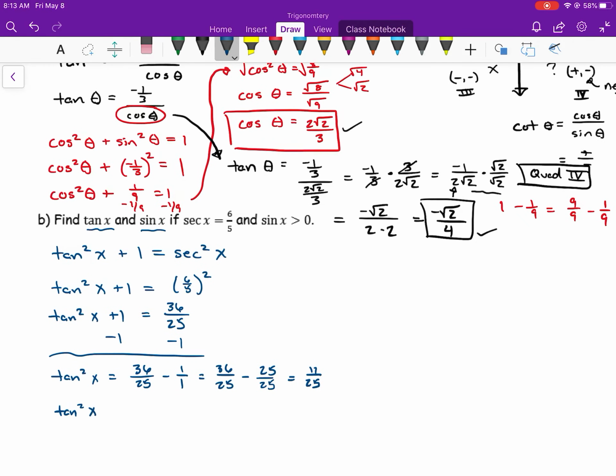So tangent squared of x is equal to 11/25. Take the square root. Tangent of x is equal to square root of 11 over square root of 25, which is 5. So I have tangent, and now I just need sine.